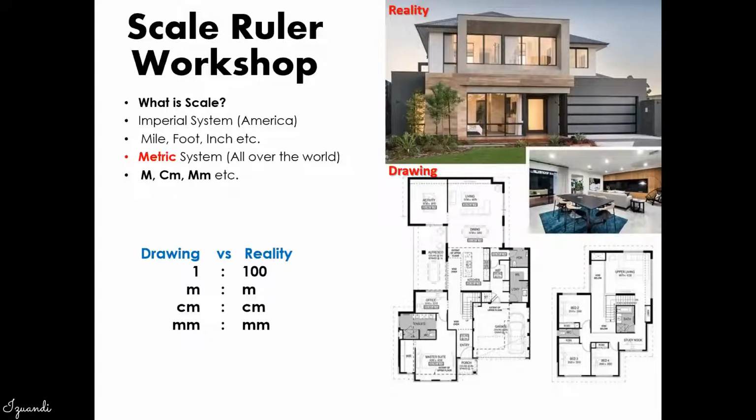Later on, when you use AutoCAD or a digital alternative, it is easy to scale, because the computer automatically scales your drawing. But for your first year, you are going to do it manually. So how do you convert from reality, for example 100 centimeters or 100 meters, into 1 centimeter of drawing, 1 centimeter of measurement, or 1 centimeter of line?